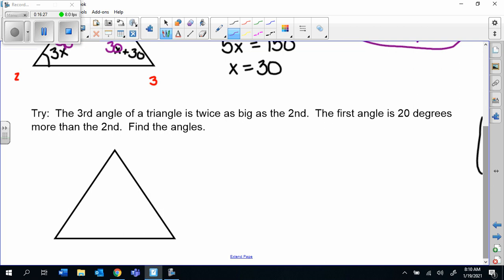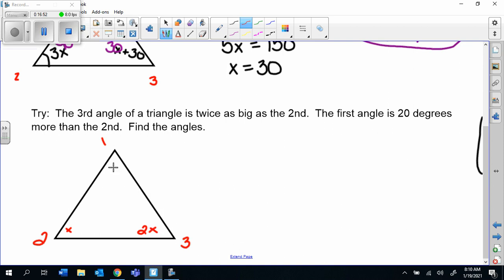All right, if you guys want to pause and try. Says the third angle is twice as big as the second. So let's make that second x, see if that doesn't help us. And so it says the third one is twice as big.